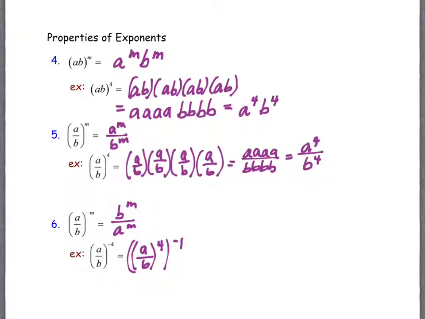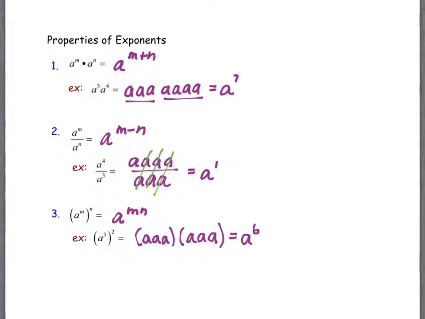So I've just rewritten this. I'm actually using this property over here to do this. If I had, for instance, 6, that 6 is 2 times 3, so it could be written like this. I'm just doing this property in reverse. I'm starting here with this something raised to the negative 4, and I'm writing it as a negative 1 and a positive 4. Okay, multiplication factors.